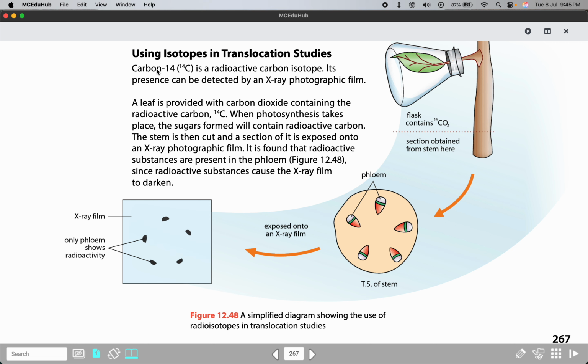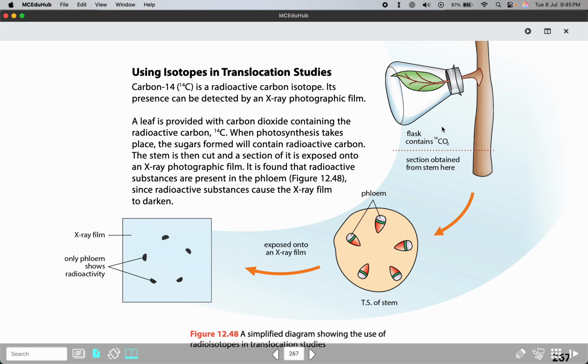And what happens is that this carbon-14 can undergo what is called radioactive decay. So this radioactive decay can be detected using an X-ray photographic film. What scientists do is provide this leaf with radioactive carbon. So this leaf is able to absorb the radioactive carbon that's provided to it in the jar, and it will use the radioactive carbon to create its glucose, and that will create radioactive glucose.